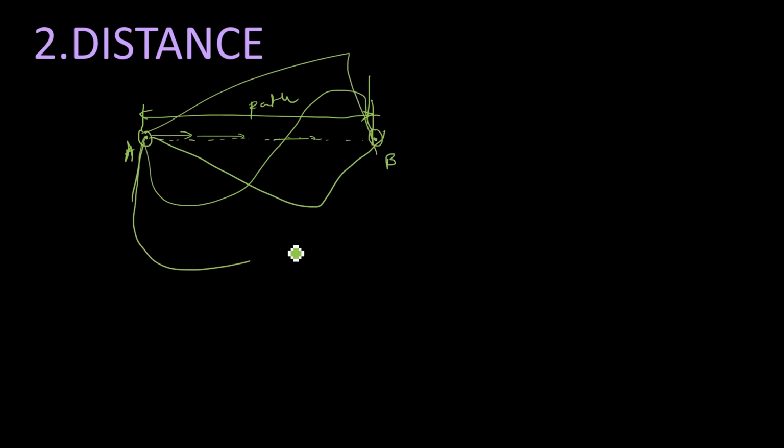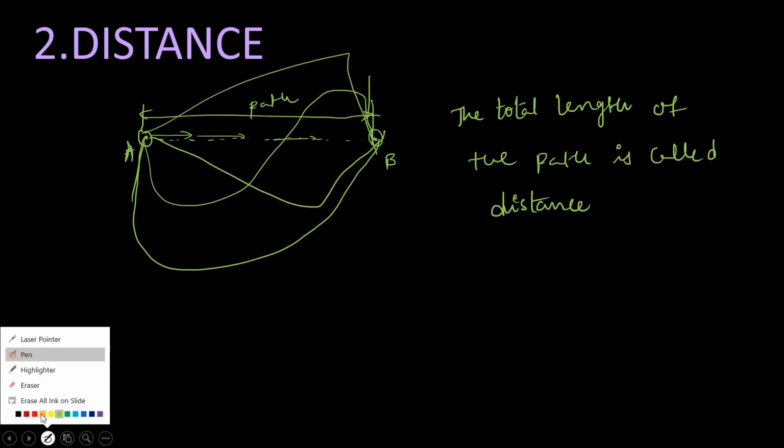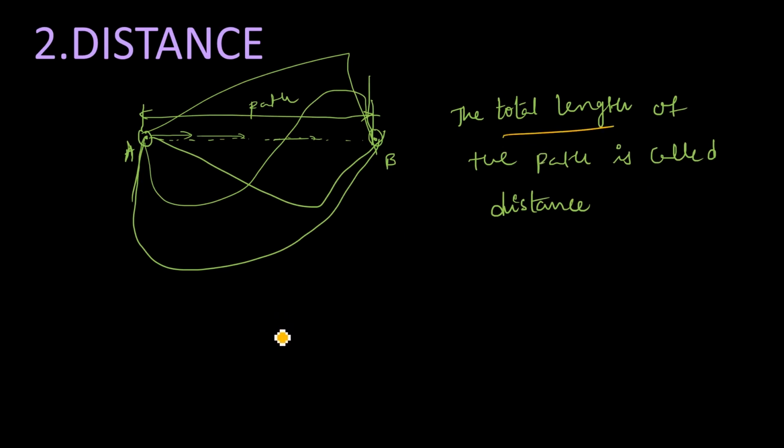The total length of the path is called distance. The total length traveled by the body is called its path. Simply, the total length of the path is called distance. Clear?